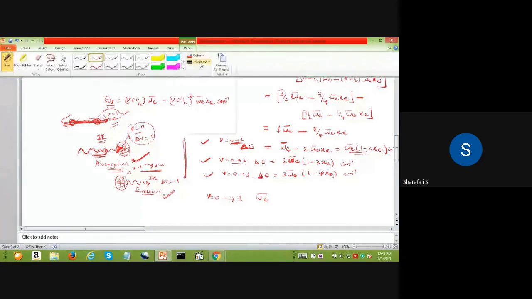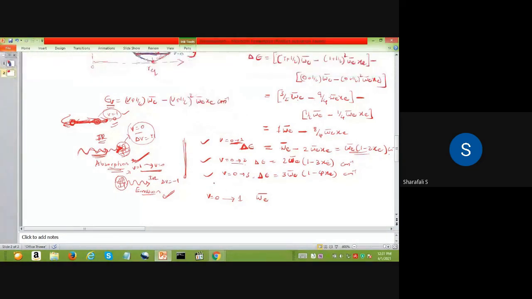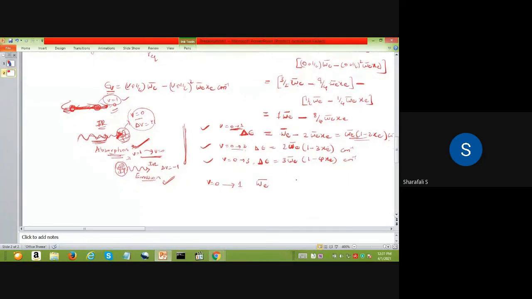And if you consider the second transition, for example V equal to 0 to 2, in that case we have the frequency which is almost equal to 2 omega_e, which means we are not considering this part, because of this assumption we are taking, like x_e is almost equal to 0.01.